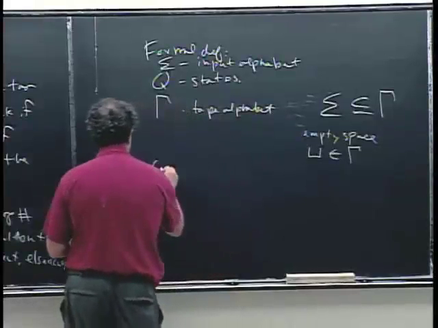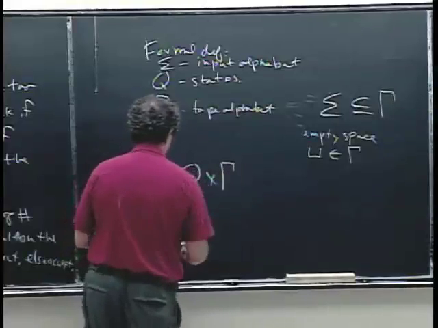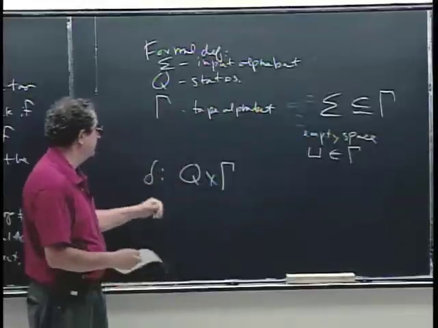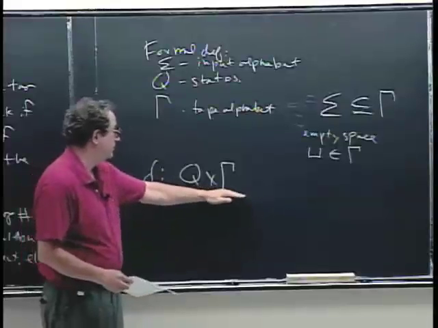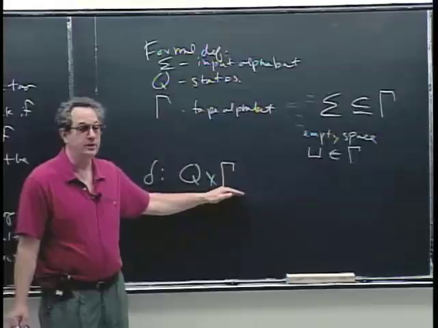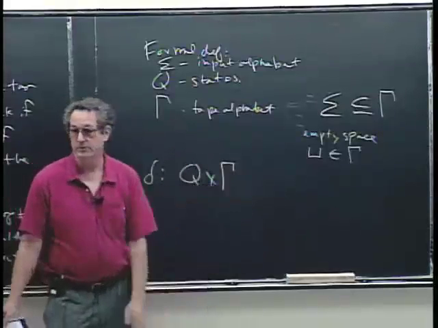Then the transitions. Again, it's going to be a function, delta, the transition, a function of the states and what you're seeing on the tape. And what you're seeing on the tape might be from the input, but it also might be from what you've written onto the tape.